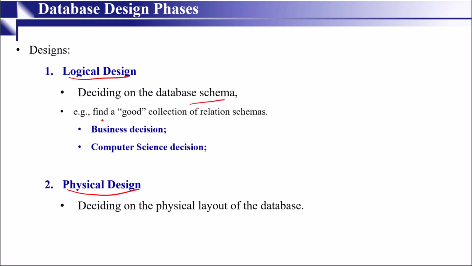For example, we want to find a good collection of relation schemas. Then we have two decisions, a business decision and a computer science decision. In the business decision, we think of what attributes we should record in the database, while in the computer science decision, we think of what relation schemas we should have and how the attributes should be distributed among the various relation schemas. And in the physical design, we try to decide on the physical layout of the database.